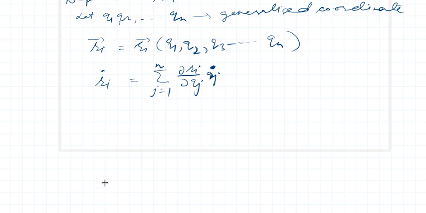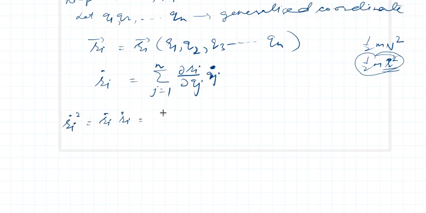And if we expand it, as I know that kinetic energy is half m v squared, so it is half m Ri dot squared. Keeping this in mind, let me find its square. Ri dot squared is equal to Ri dot dotted with Ri dot.